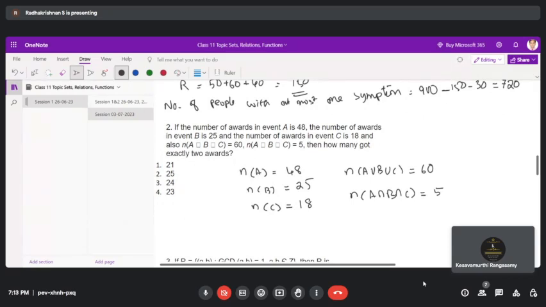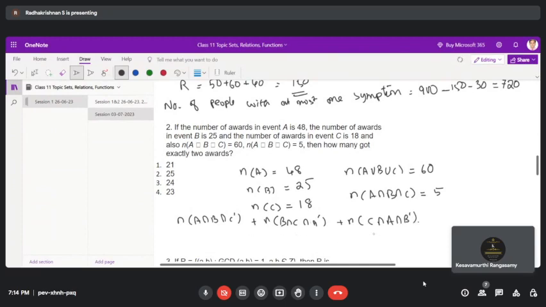Then how many got exactly 2 awards? Very similar approach here also. Exactly 2 awards means what? We want N of A intersection B intersection C to not be included. This is what we want.